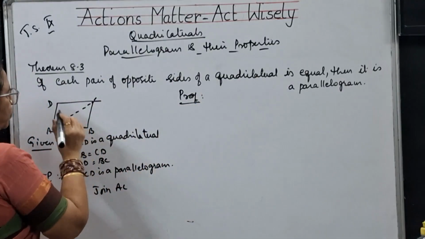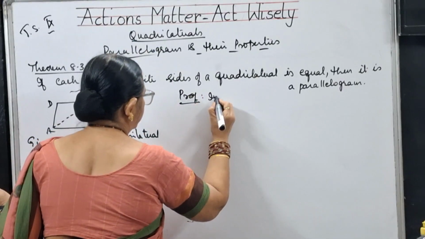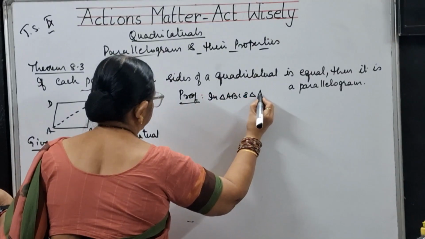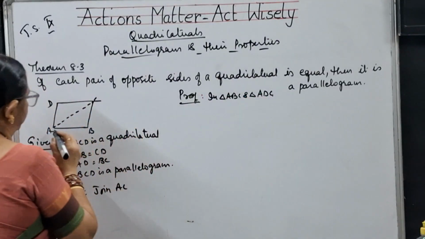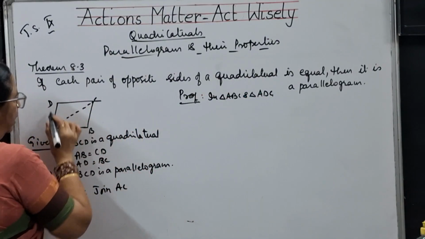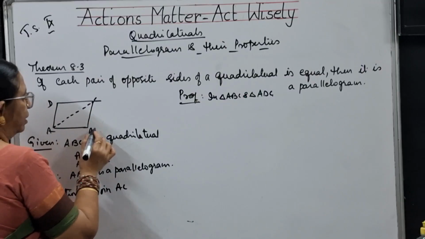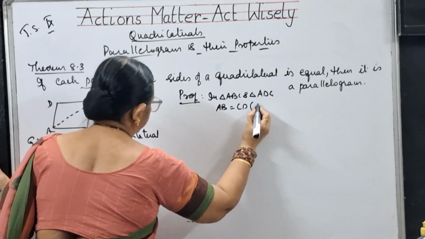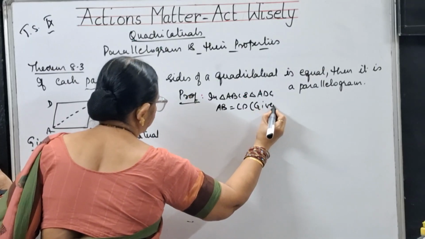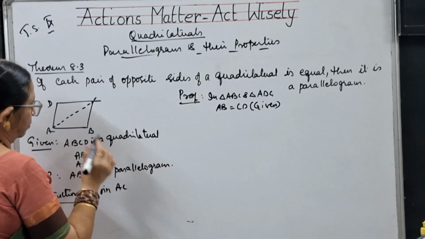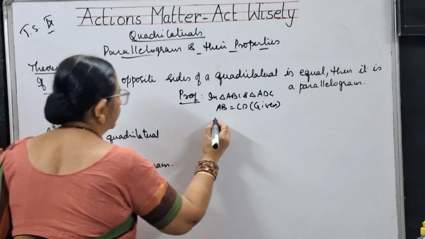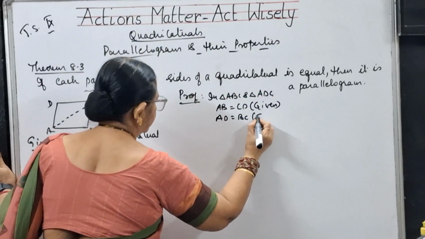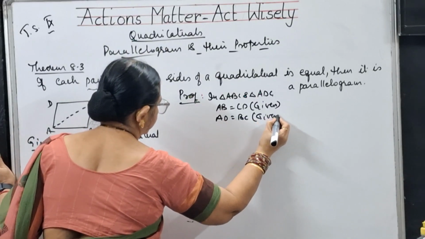We have got two triangles. In triangle ABC and triangle ADC, AB is equal to CD, given to us. And also AD is equal to BC, this is also given to us.